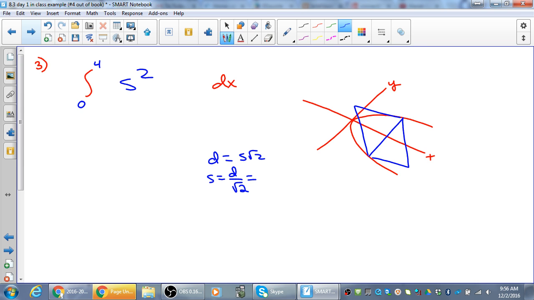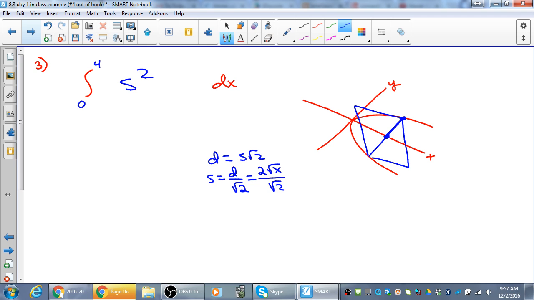What's the diagonal? Well, the diagonal runs from the x-axis. That's half of the diagonal, right? But we can't add negative square root of x and square root of x. That's going to get you 0. So what we do is we take one of the curves and just double that length. So the diagonal is 2 times the square root of x, over square root of 2.